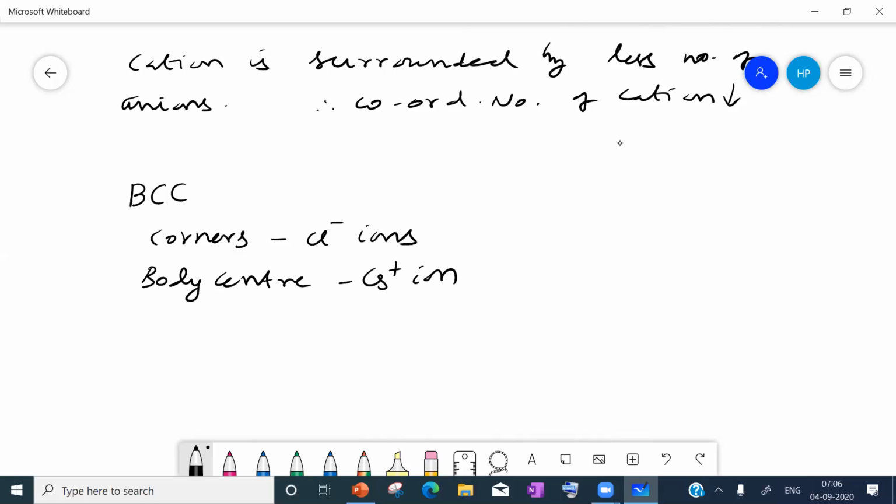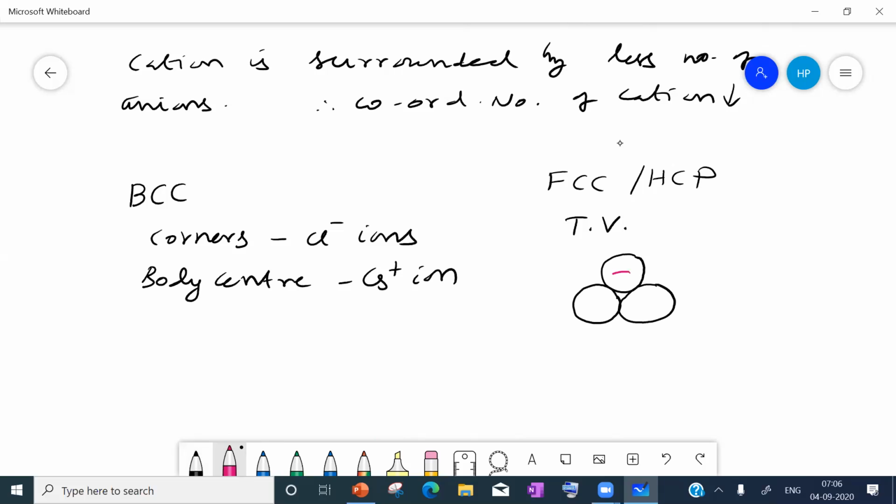Now you take FCC, otherwise HCP. In both cases, tetrahedral void and octahedral void are possible. Tetrahedral void means what you have to do? We keep 3 spheres in one layer, and one sphere in the second layer.